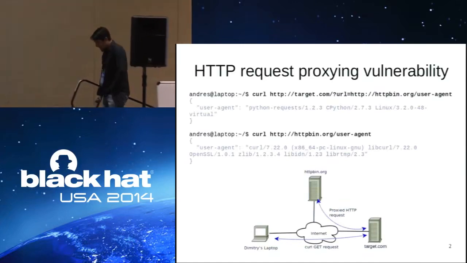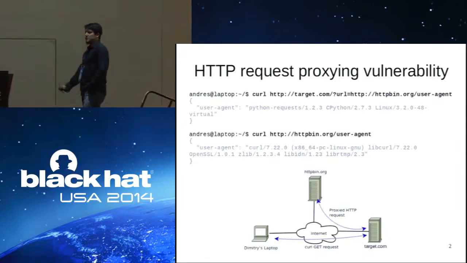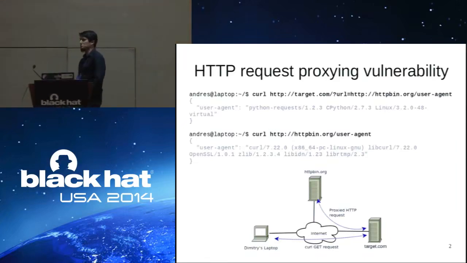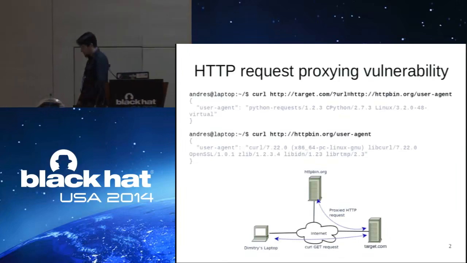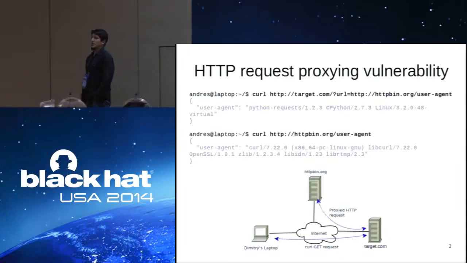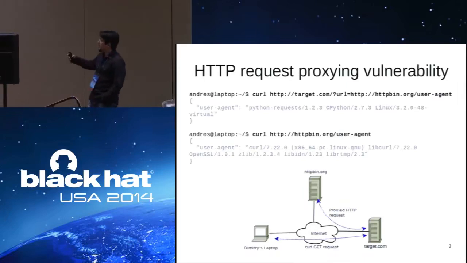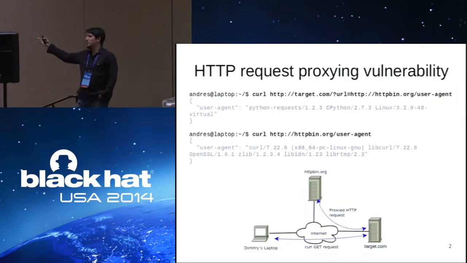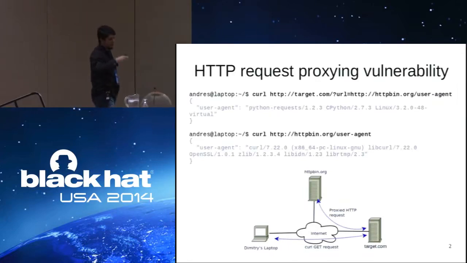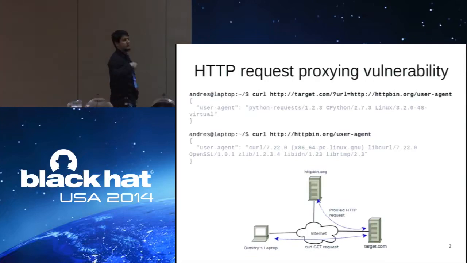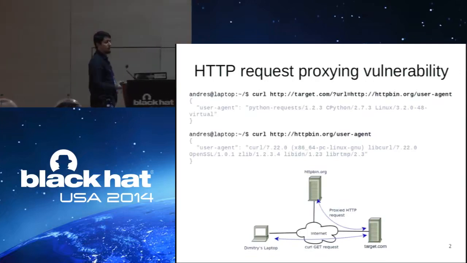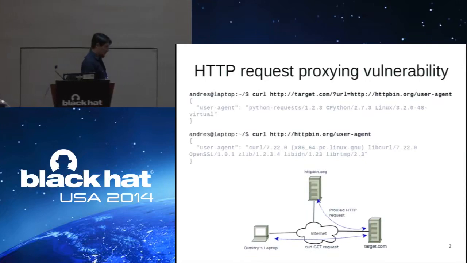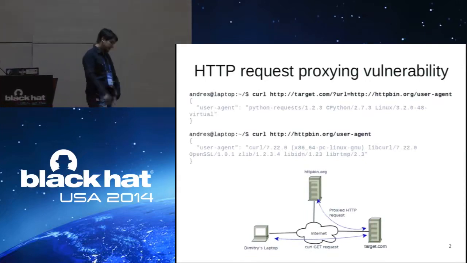So I found this and I said, okay, what can I do? I tried different paths. In some cases, for example, what you can do there is replace the URL parameter with something that says file colon slash, and you try to read a file from the file system where the vulnerable web application lives.